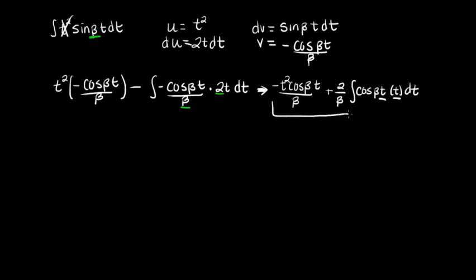We will keep this section, but this section will be our parts 2 plugin. So let's go ahead and do parts 2. All right, so we have a u, a du again, a dv, and a v again.